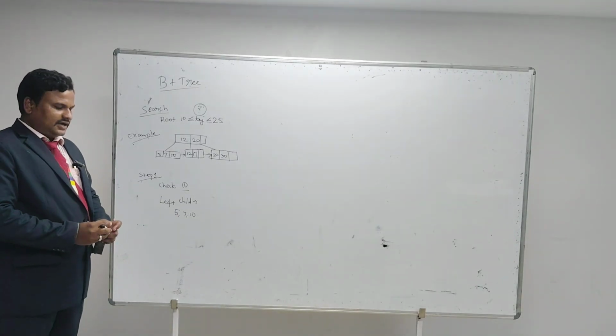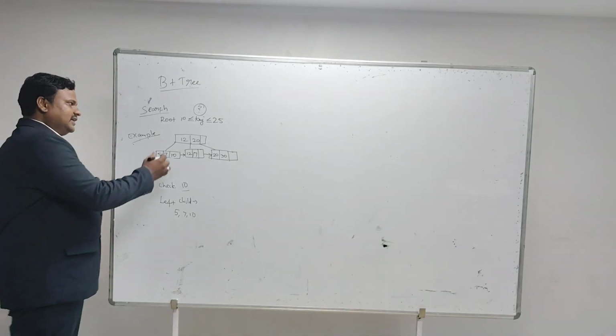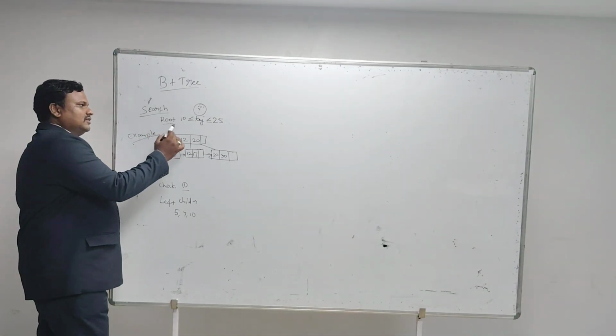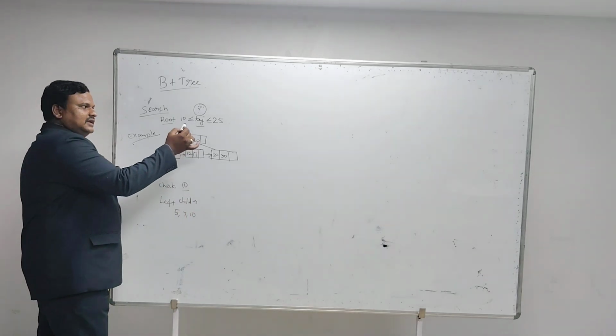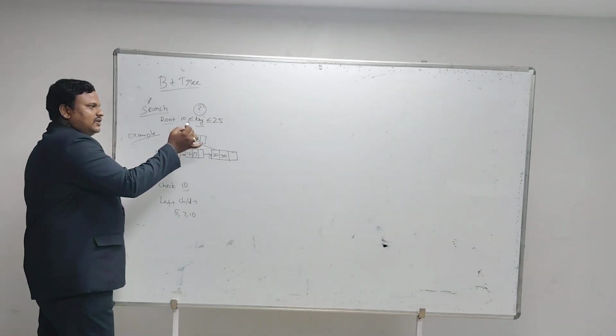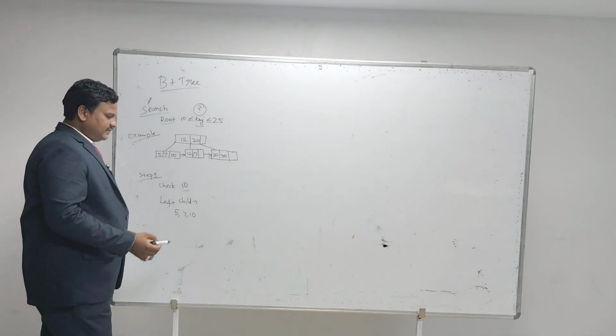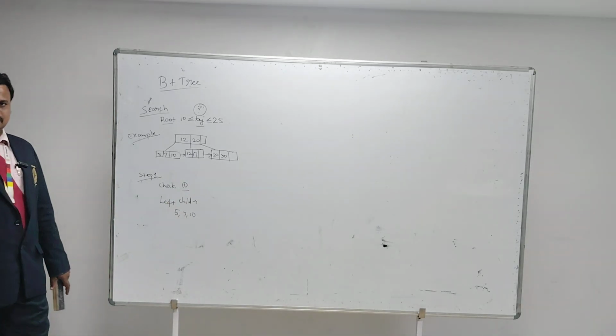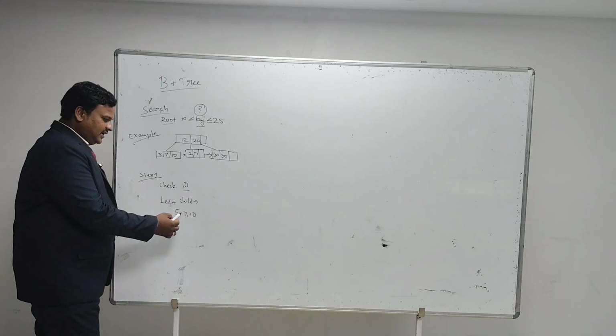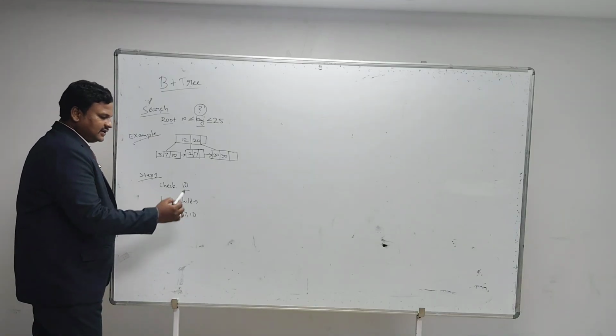Okay, so what are the conditions? The key must fall in the range greater than or equal to 10 and less than or equal to 25. So from this we check which keys satisfy the conditions. We have the 3 keys here, 5, 7, 10.